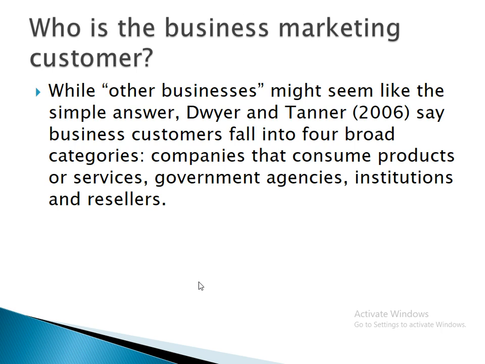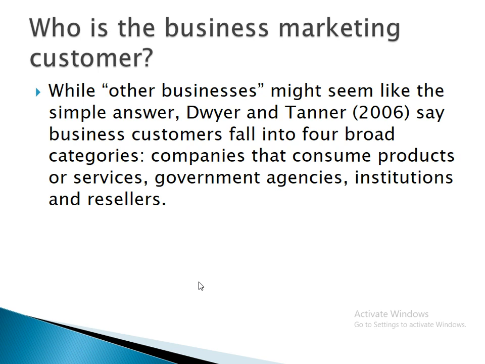The first category includes original equipment manufacturers, such as automakers who buy gauges and brakes to put into their cars, and the users, which are the companies that produce the products for their own consumption.